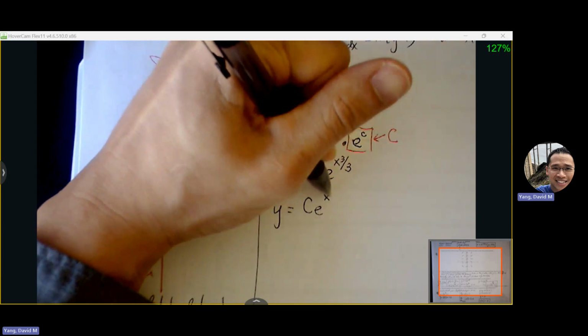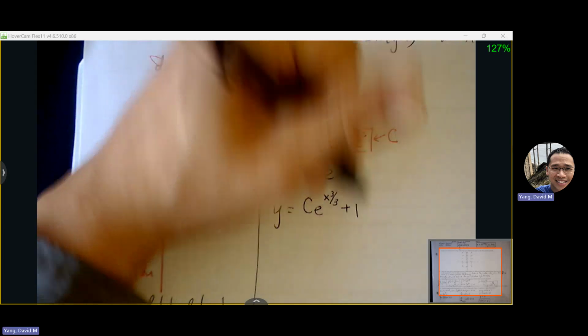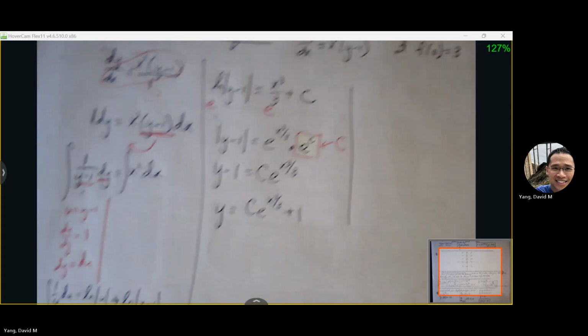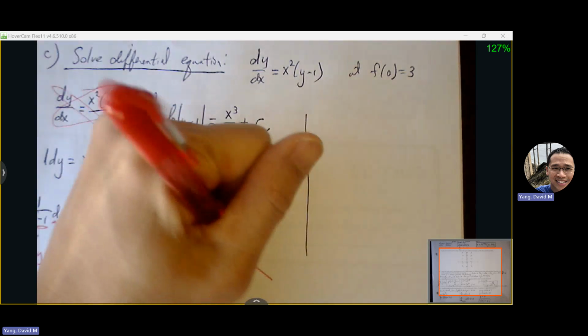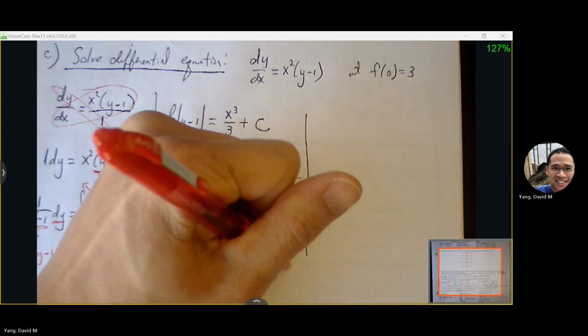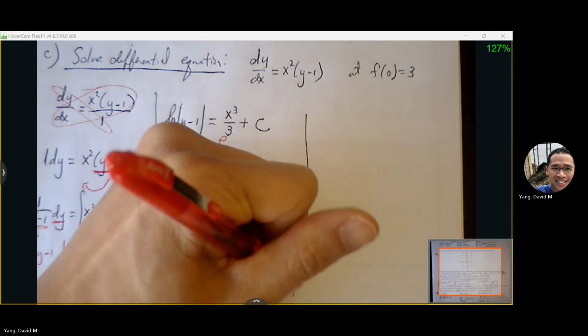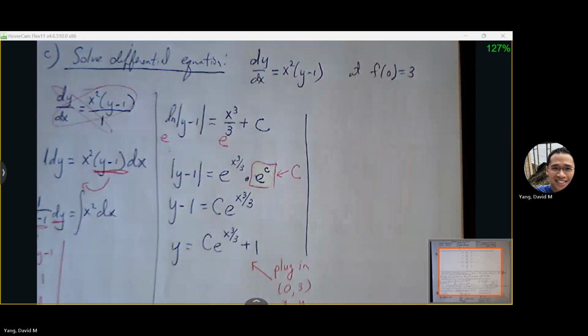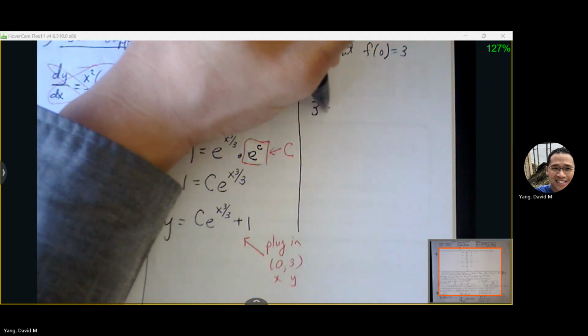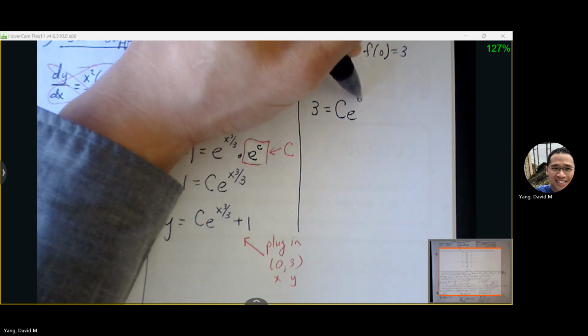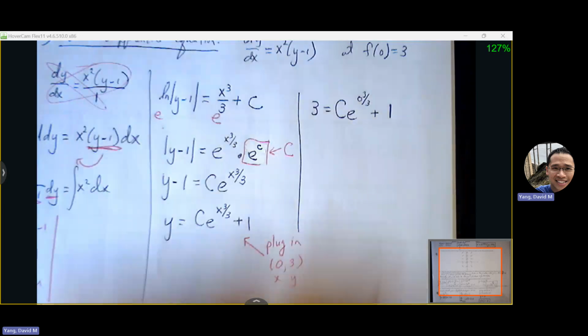So now we can worry about solving for c. Okay, 0 in for x, 3 in for y. Again, careful with your zeros.